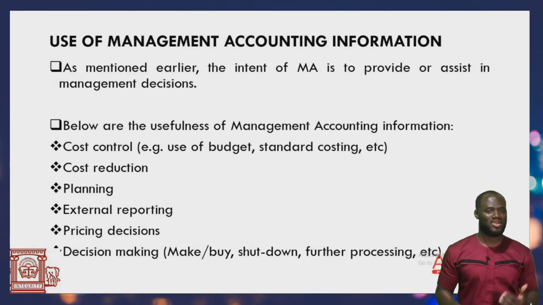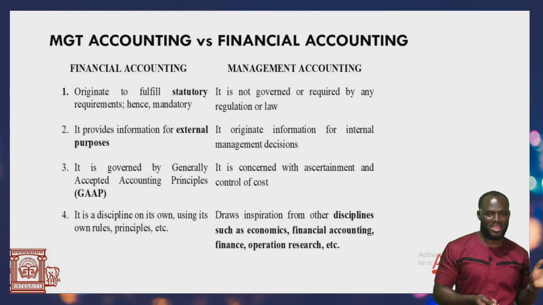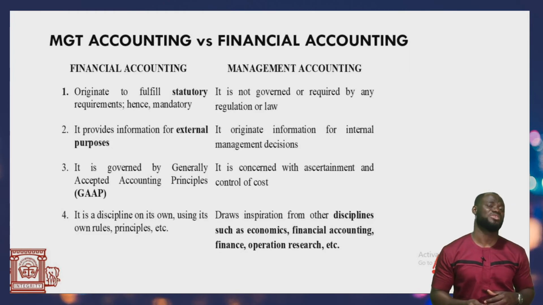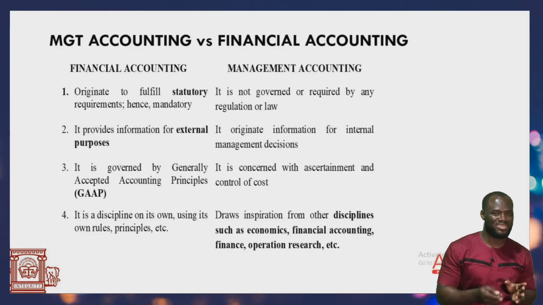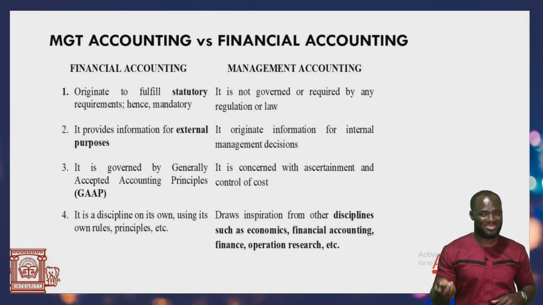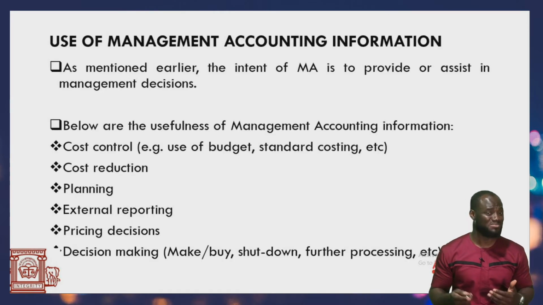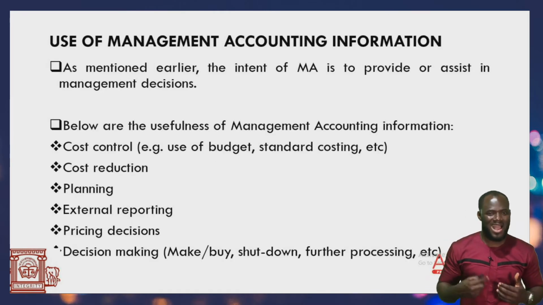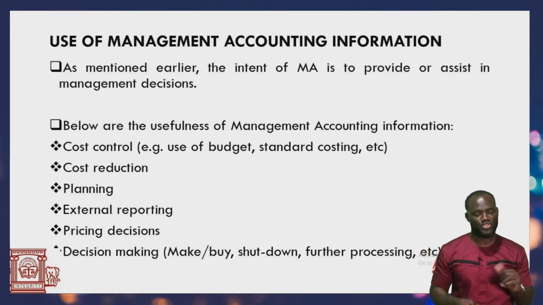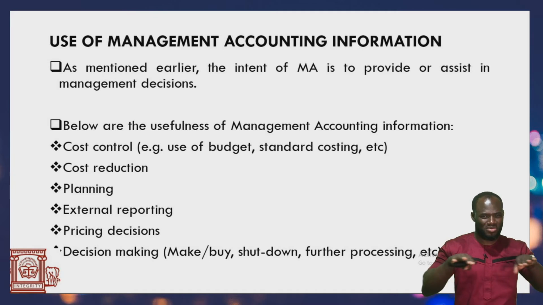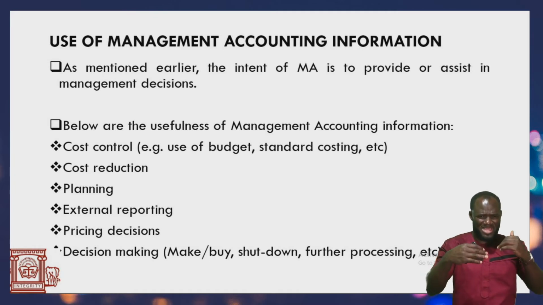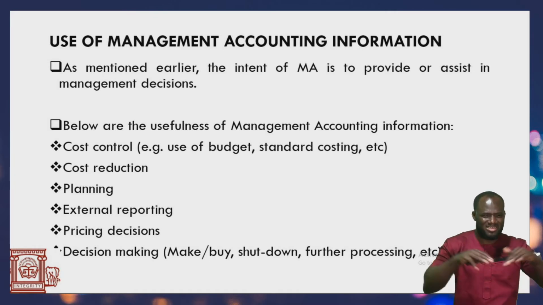Again, you can also use it for external reporting. Of course, like you have seen from here, the distinction between financial accounting and management accounting. Financial accounting is meant for external reporting, but management accounting is meant for internal reporting for management decision-making purposes. So in this case, how is the management accounting information meant for external reporting? Don't forget that there's that linkage between the three levels of accounting.